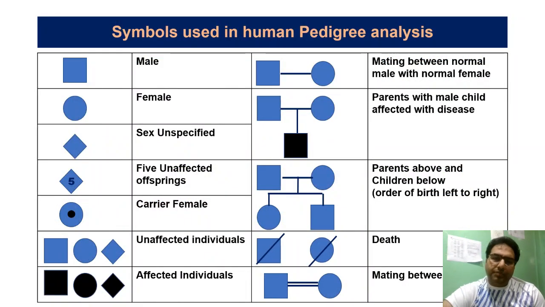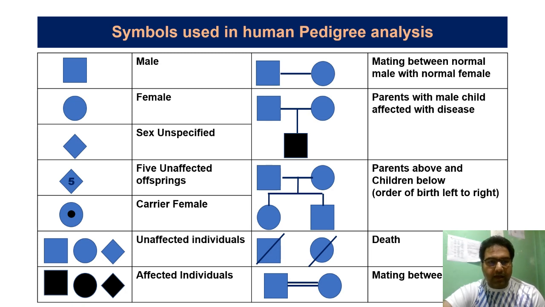Before moving on to the analysis of the pedigree chart, we must know what the symbols are and what the lines used in a chart mean.